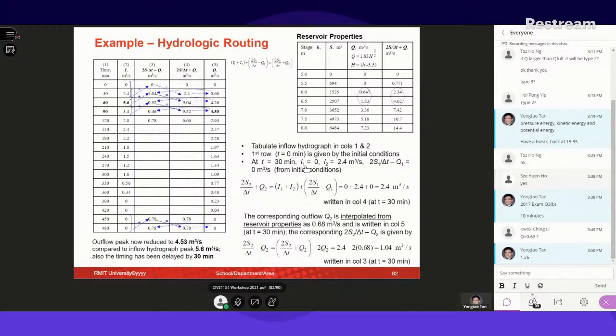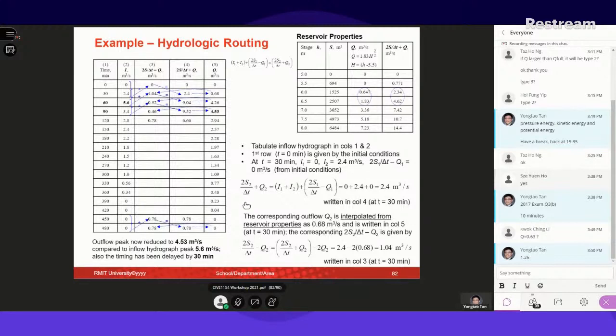For 30 minutes, I1 is 0 and I2 is 2.4. Also 2S1 over delta t minus Q1 is 0, because from the initial condition S1 and Q1 are both 0.